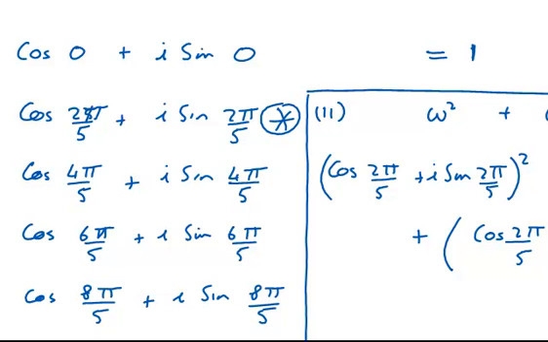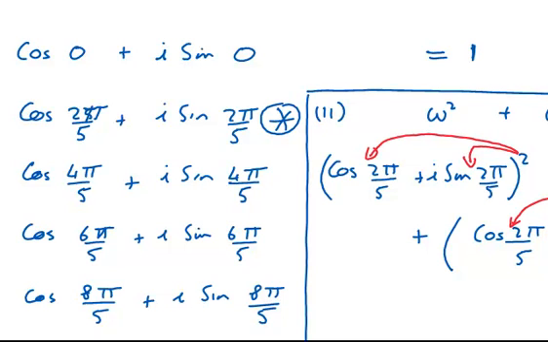Now, some of you might then set about squaring out that first bit and cubing out the next bit. But if you slow down a second and just have a little look, you can apply De Moivre's theorem. This is the whole point of De Moivre's theorem, or one of them. So the 2 comes in and it multiplies.